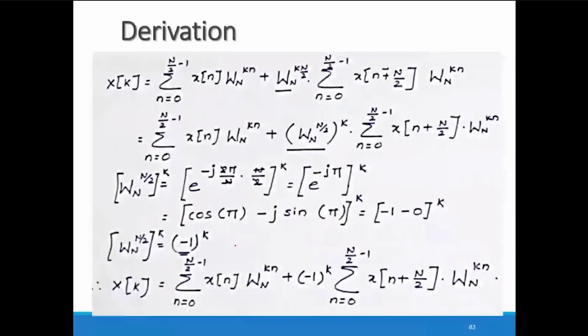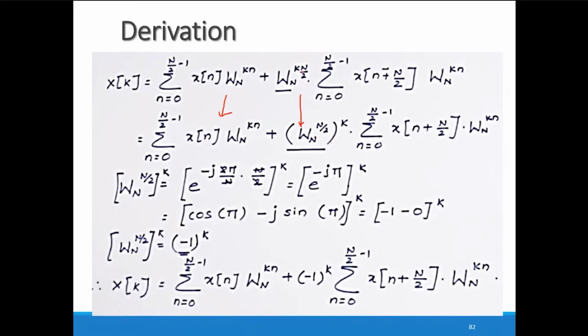Okay, just note down this simplification. X of k, first term is as it is: sigma n equal to 0 to N by 2 minus 1 x of n omega N raised to kn. So this first term is same over here. Now in the second term, we bring this term outside the summation, that is omega N raised to kN by 2, which we can write in the simplified form as omega N raised to N by 2 into k.